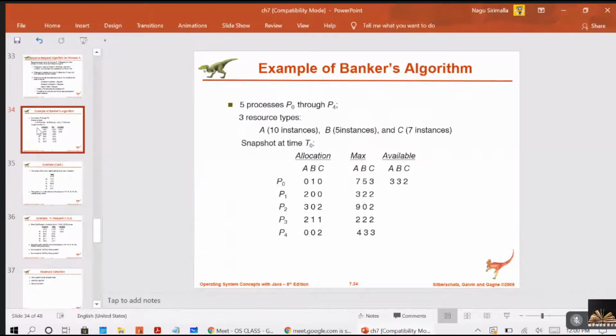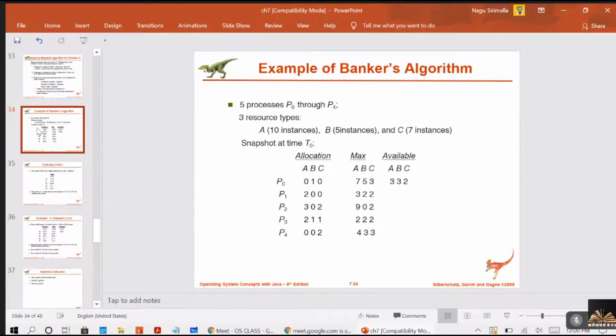At time T0, this is the information that is available with us. The available vector can be calculated by subtracting the sum of the resources allocated to each process from the total number of resources.